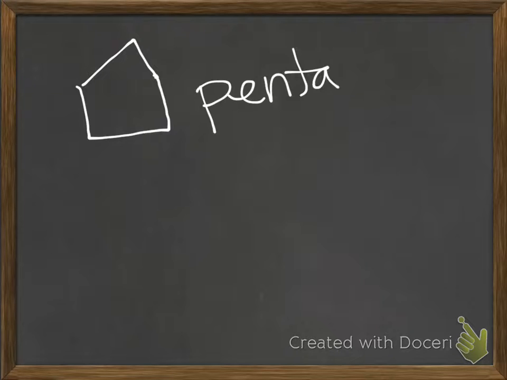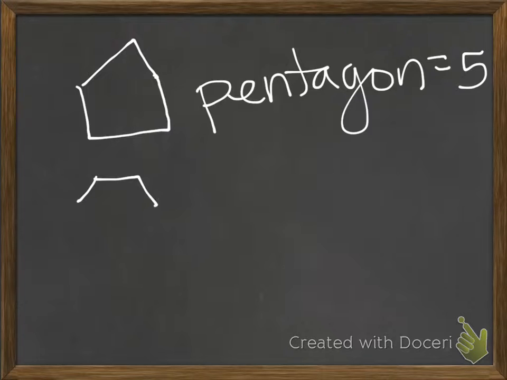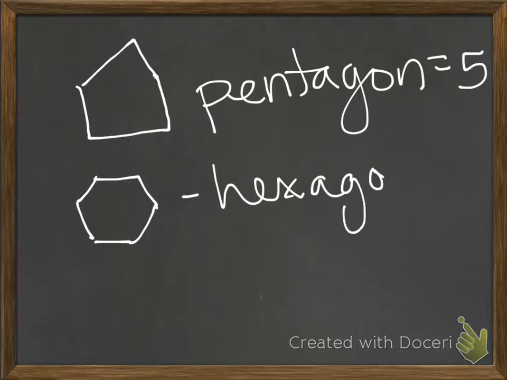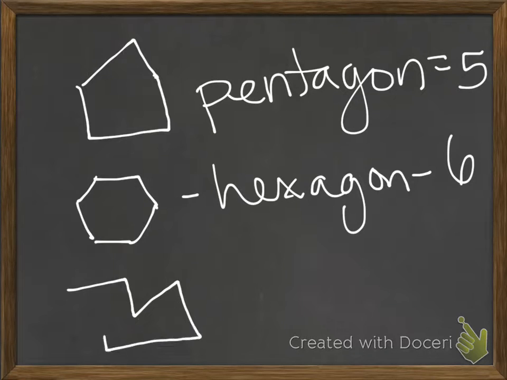And the last thing for shapes, we're going to talk about shapes that have more than 3 or 4 sides. So our first one is a 5-sided shape. That's a pentagon. A 6-sided shape is a hexagon. A 7-sided shape, 1, 2, 3, 4, 5, 6, 7, is a heptagon.